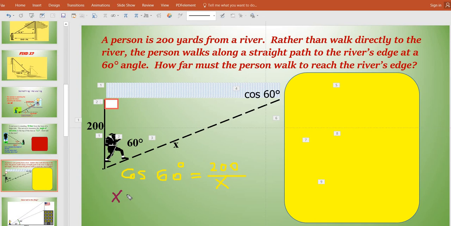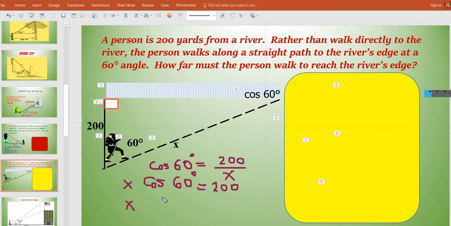Cross multiplication, we get x equals 400 yards.